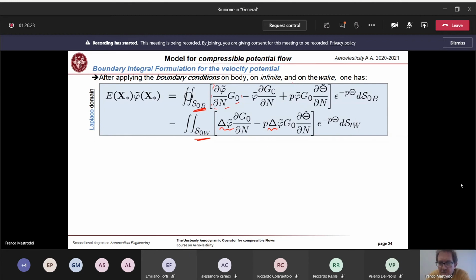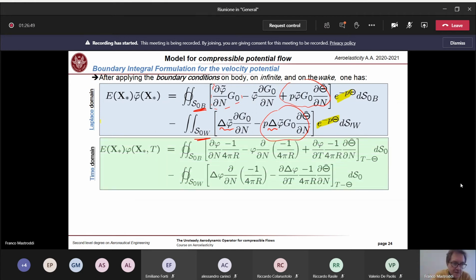The novelty is this term here, and the novelty is the delay here. All these quantities are delayed, and therefore when you represent this integral in the time domain, the potential in the field point x star at time t, the present time, is equal to the integral of such a quantity, but at the previous time t minus theta.